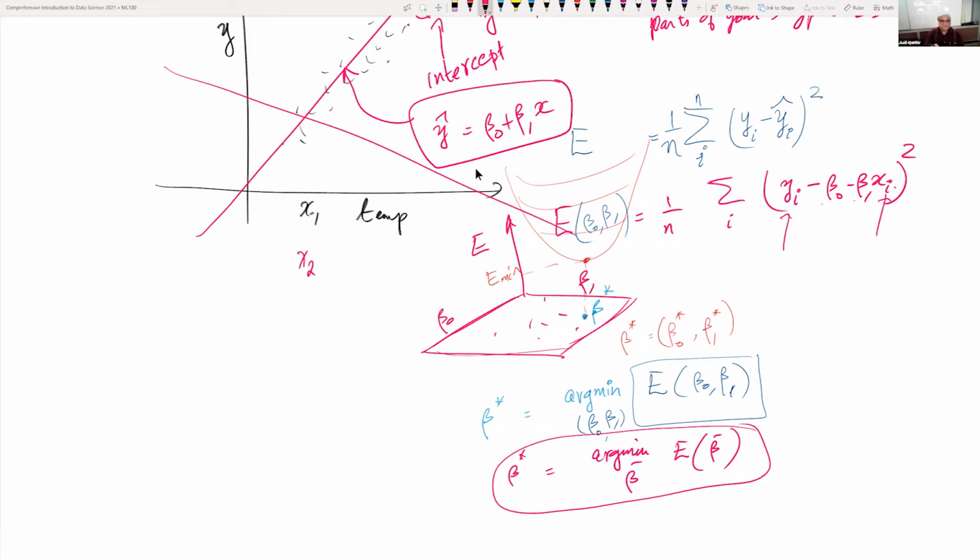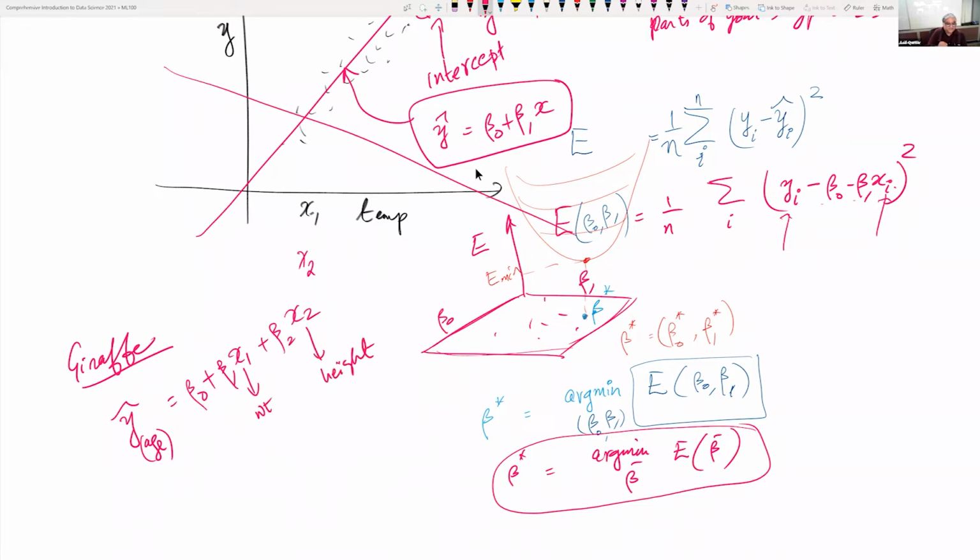The only thing that will change is, in the case of a giraffe, your hypothesis would be the age of a giraffe is beta naught plus beta 1 times x1 plus beta 2 times x2, where this may be the weight, this may be the height. There are two predictors now, x1, x2, and you're creating a plane now. This is a plane, equation of a plane, and you can generalize from that to higher dimensional data, more variables of the data.